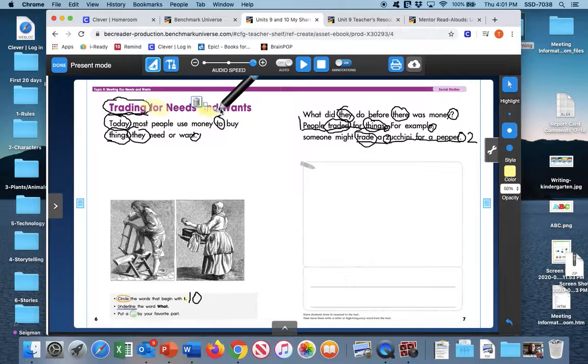And it's hard, I don't have my word wall to refer to. To. And over here we are going to highlight what. We're going to learn that this week. For again. For.